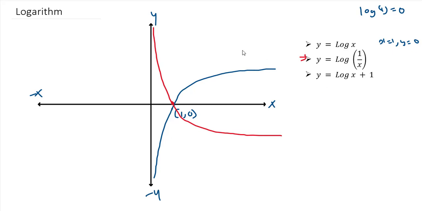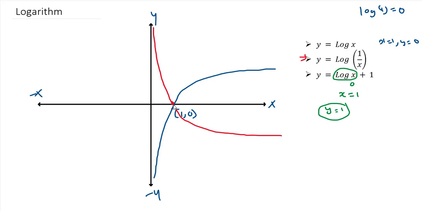Let us now see how to plot the third equation, which is y equal to log of x plus 1. So in this equation, if we put x equal to 1, what we'll get? This part will become log of 1, log 1 is 0 and plus 1. So the value of y will become 0 plus 1, which is 1. So at x equal to 1, your value of y will be equal to 1. So this is a logarithmic graph.